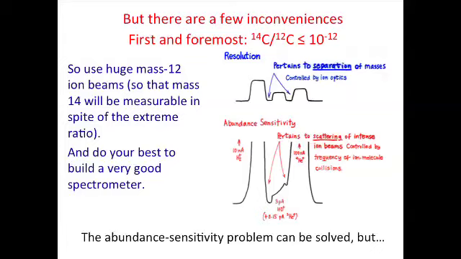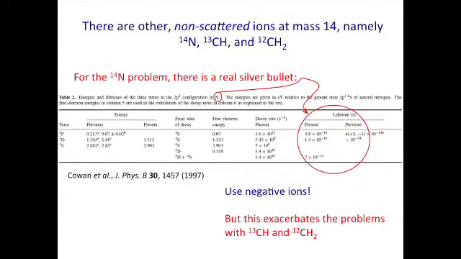You got to do a little bit more than that in the case of carbon-14, but it's the same kind of problem. The essence of the problem is that there are non-scattered ions at mass 14. The champion, of course, is nitrogen-14, which is just a tad bit more abundant than carbon-14.